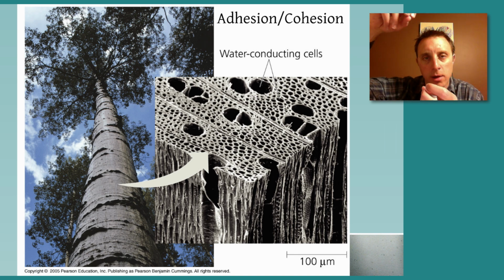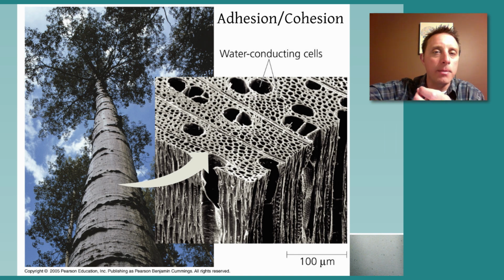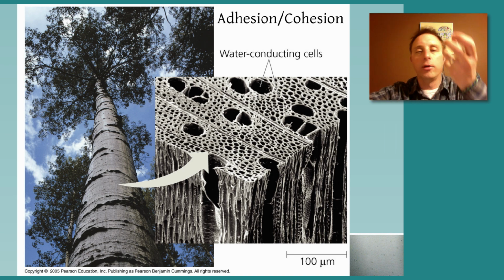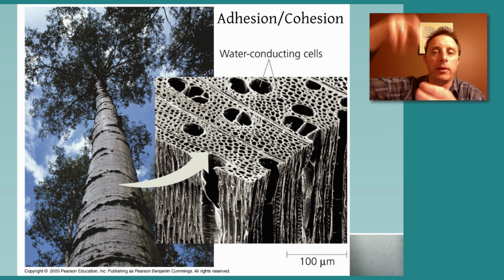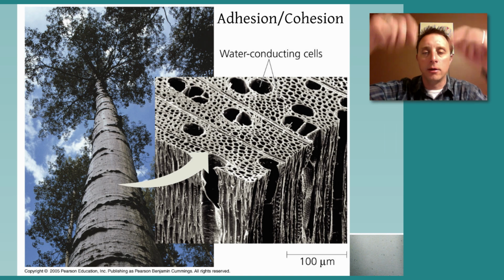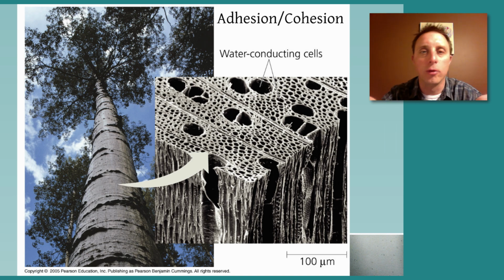And as one water molecule leaves out the top, then it pulls the whole chain up. And that pulling force is conducted all the way down into the soil, into the water in the soil. And that is very important for moving the water up plants and up the tallest trees.